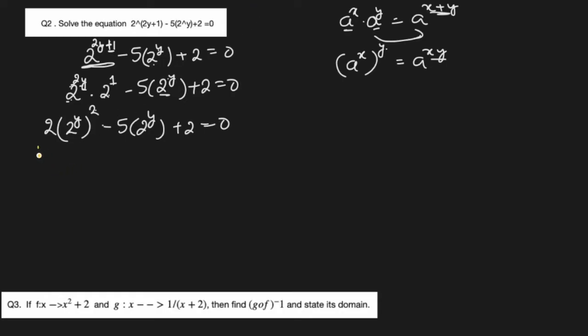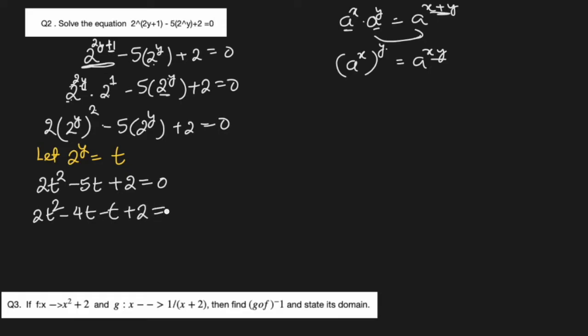And now let's say let 2 to the power y is equal to t. So what does our equation become? 2t square minus 5t plus 2 equal to 0. And now you can solve this by simple factoring. 2t square, 2 times 2 is 4, so I can write here minus 4t minus t plus 2 equal to 0.